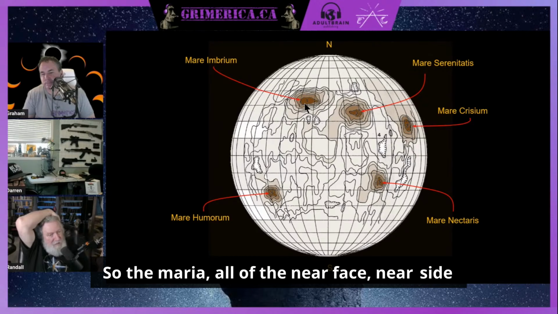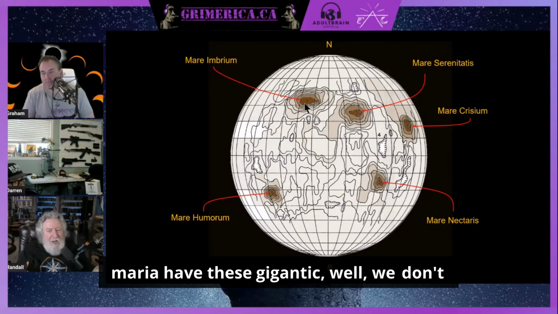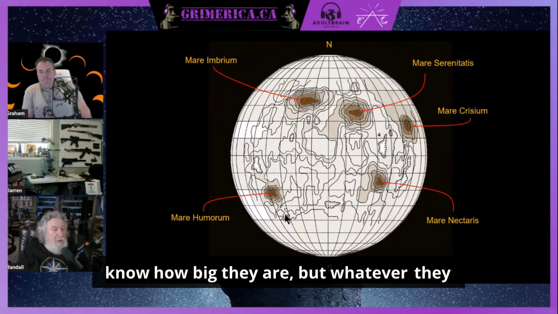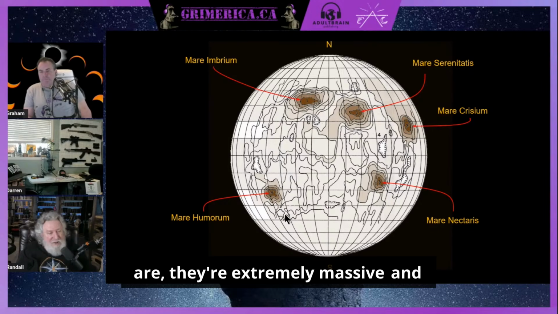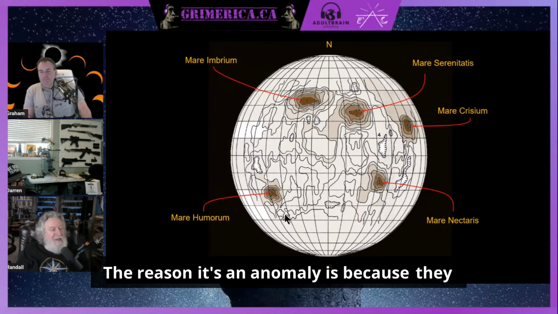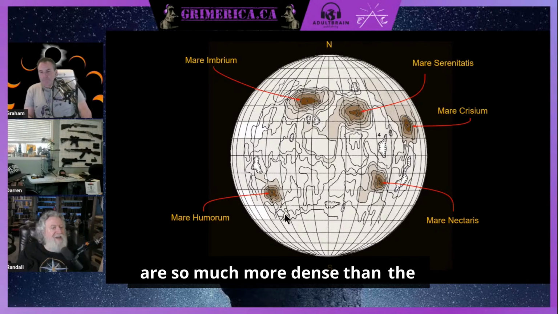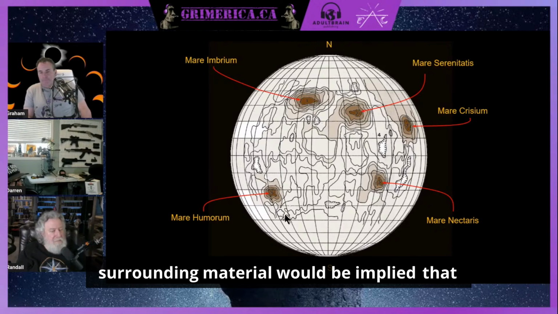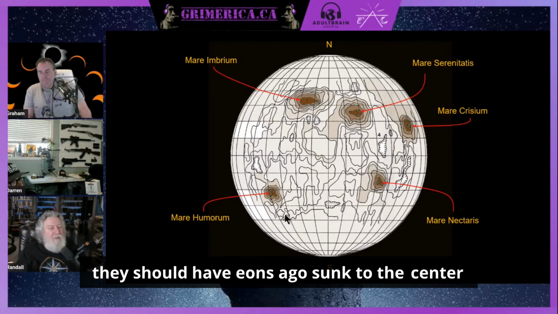So all of the near side Maria have these gigantic, we don't know how big they are, but whatever they are, they're extremely massive and extremely dense. And that's an anomaly. The reason it's an anomaly is because they are so much more dense than the surrounding material would be implied, that they should have eons ago sunk to the center of the moon.